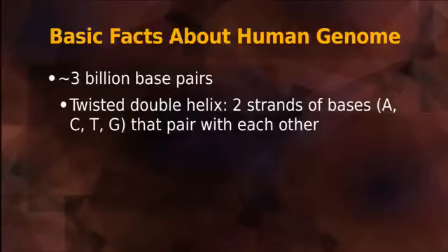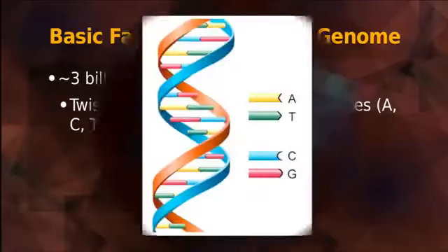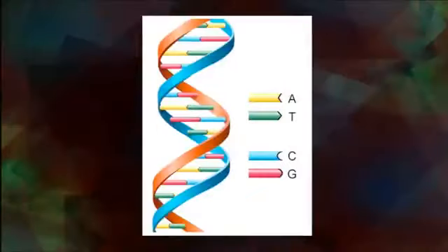And so there are 2 strands of bases that pair with each other, and we represent those bases with 4 letters, A, C, T, and G. Most of you have probably seen an image very similar to this one of the twisted double helix. And there are rules, so to speak, that have to be followed in DNA. A always binds to T, and C always binds to G to form that double helix.